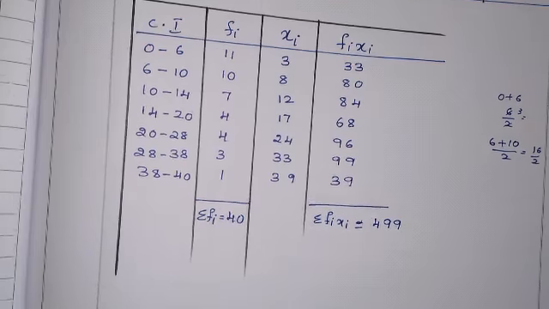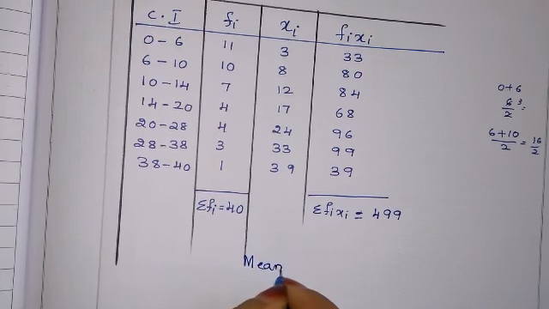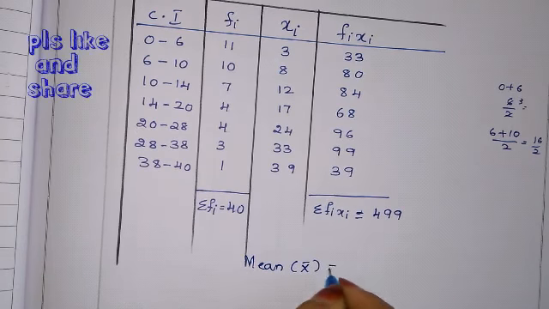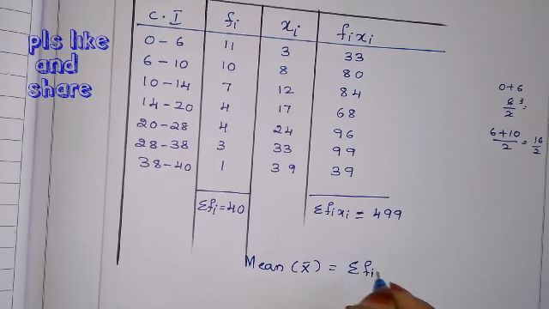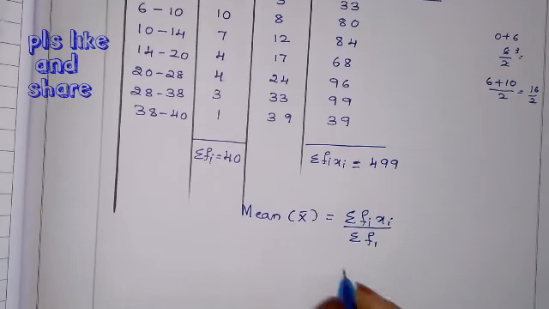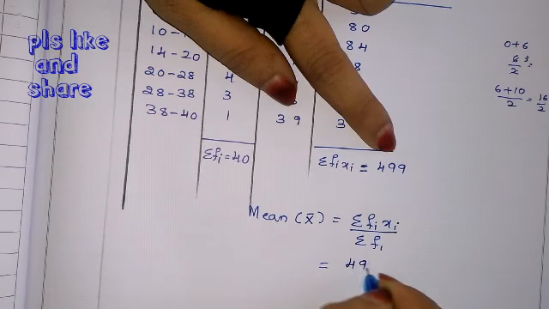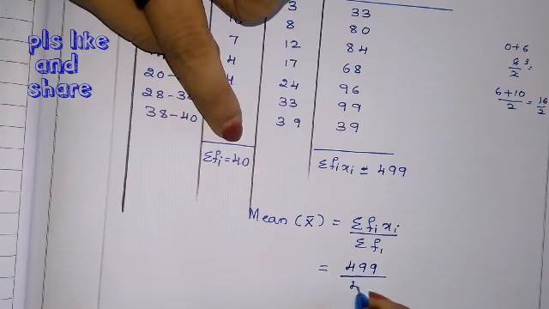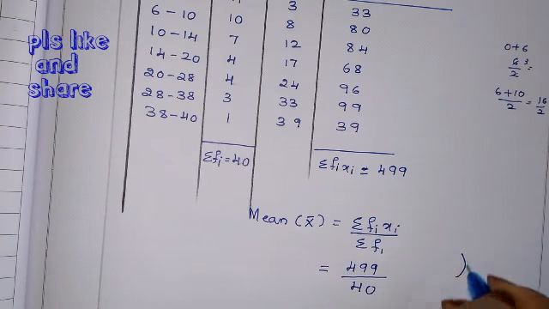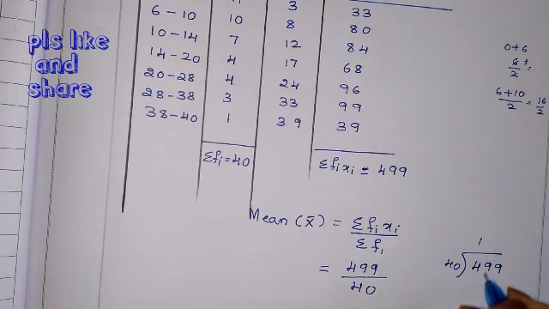Now we know the formula, that is mean is equal to sigma fi xi upon sigma fi, that is 499 upon 40. You have to divide 499 by 40. 4 1s are 40, 9 remains.